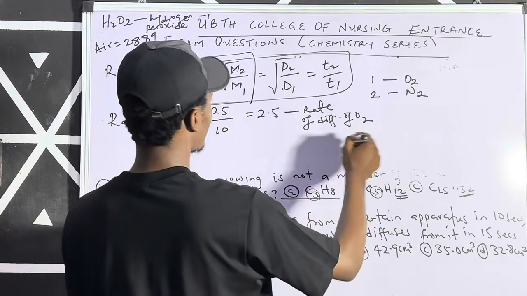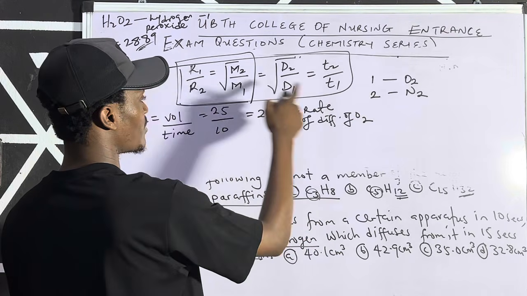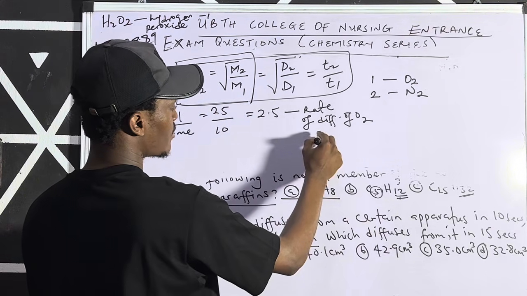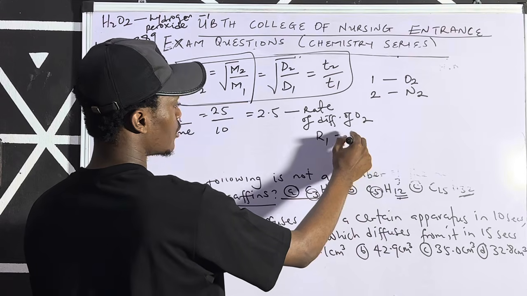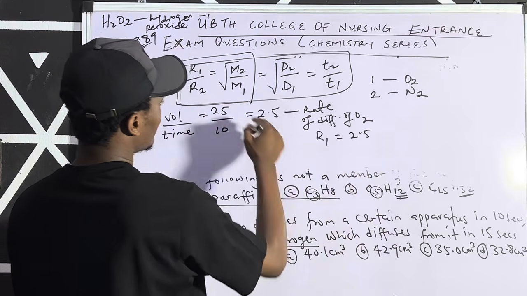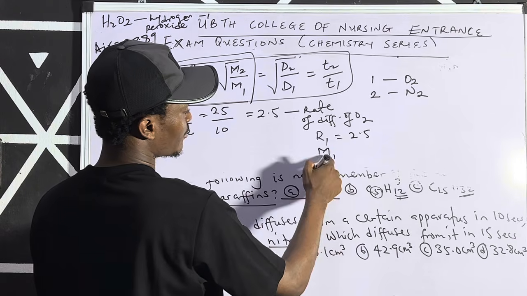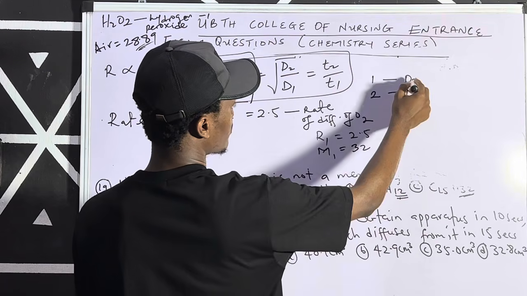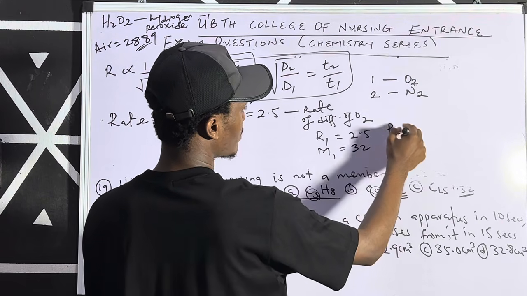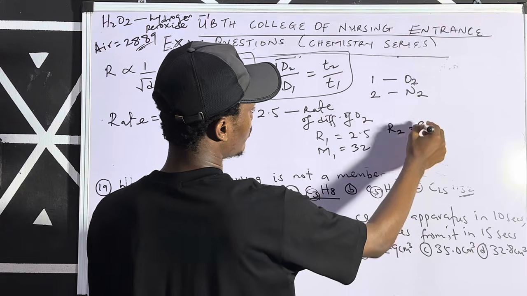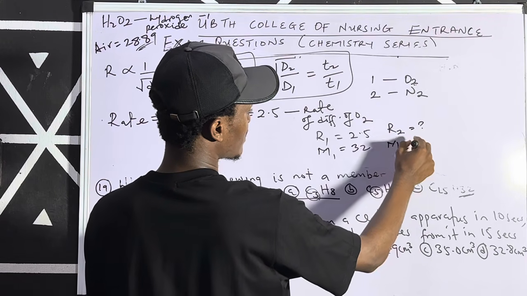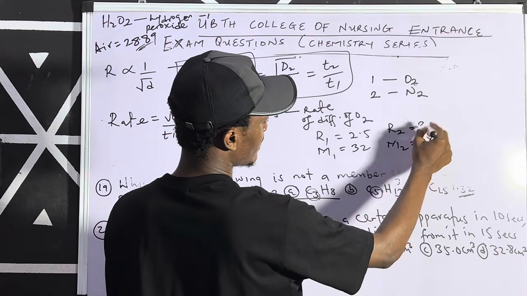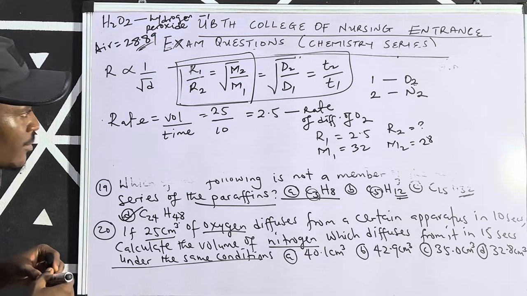The rate of diffusion of oxygen, R1, is 2.5. M1, the molar mass of oxygen gas, is 32, since 16 times 2 is 32. R2, for nitrogen, is unknown. M2, for nitrogen, is 14 times 2, which is 28.